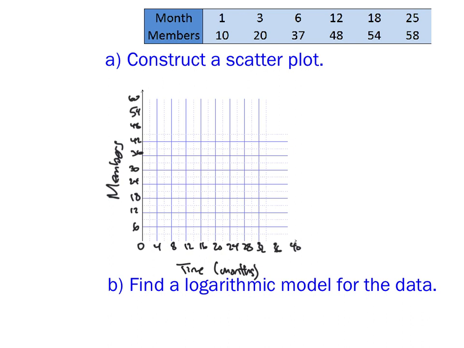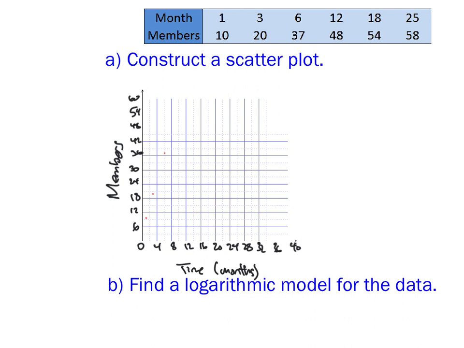Now, we're going to plot the points. After 1 month, there is 10 people. That's right here. After 3 months, there's 20. That's right here. After 6 months, there's 37. That's right here.